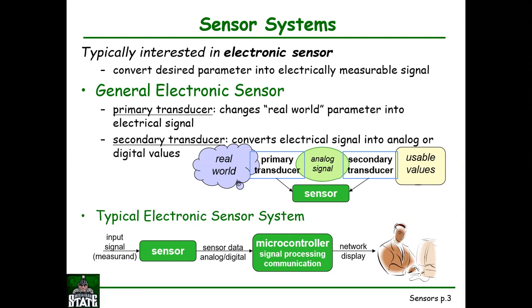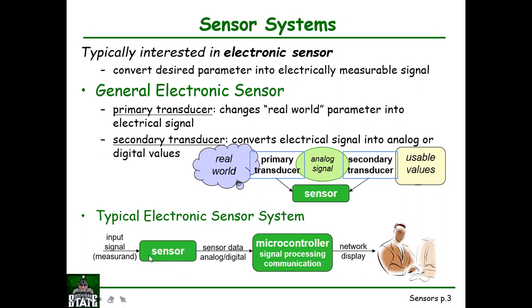Primary transducer will use the parameter from your real world, like your heat. Your secondary transducer will use a parameter like electrical signal, and then it will convert that electrical signal into your analog or digital values. So here you'll see a typical electronic sensor system.